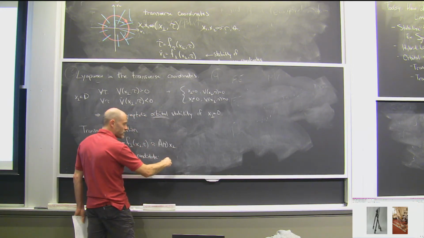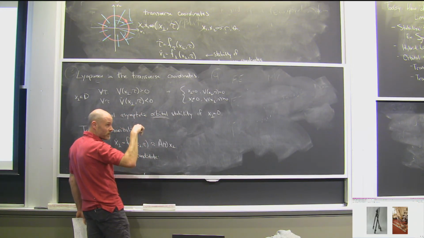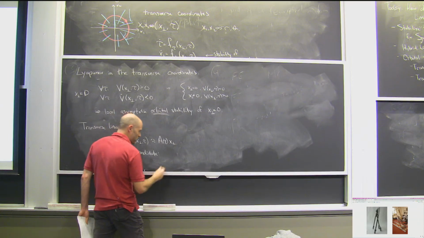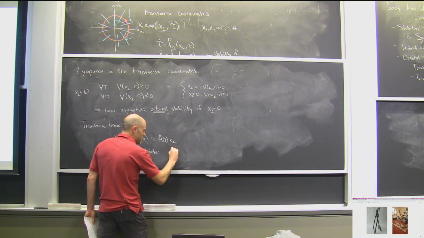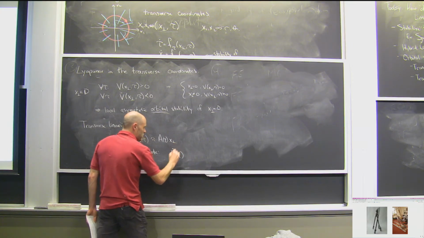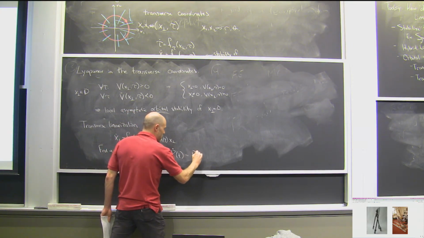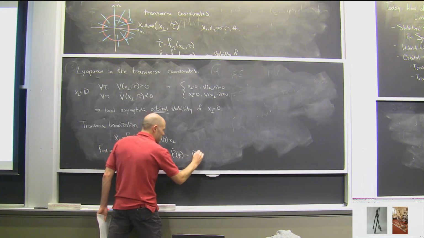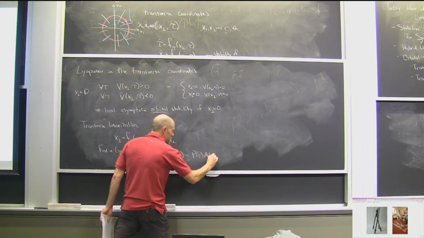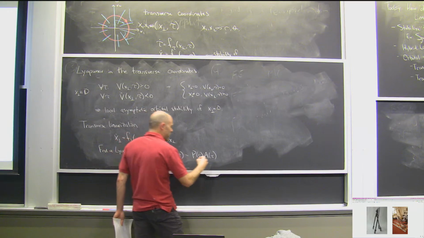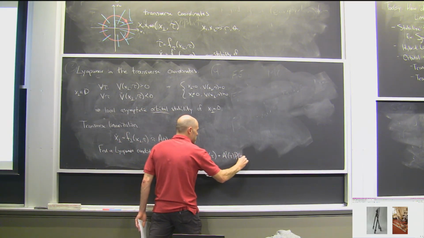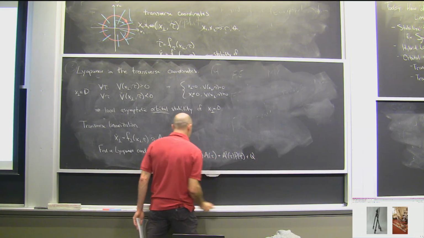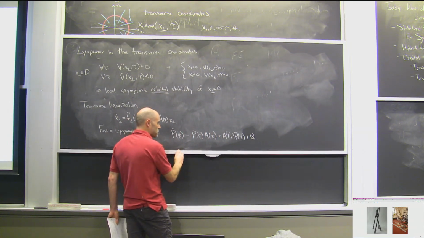In the steady state, it was just PA plus A transpose P equals Q, whatever. You had it on your midterm, right? So now it's just negative P dot. It's the same thing, but it's a periodic solution.